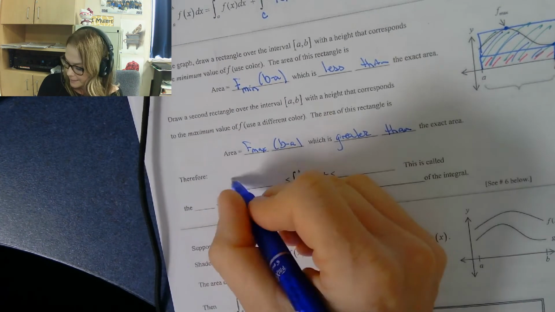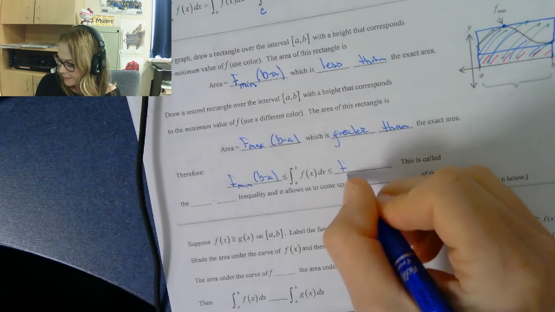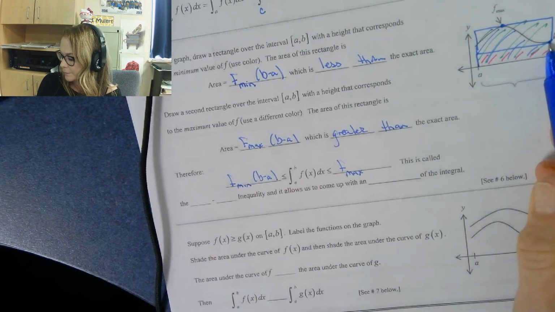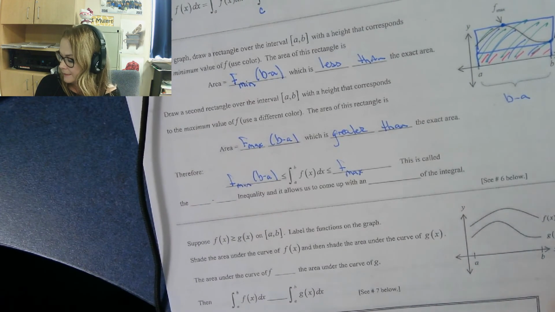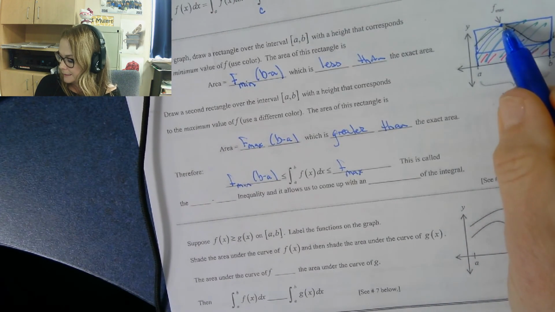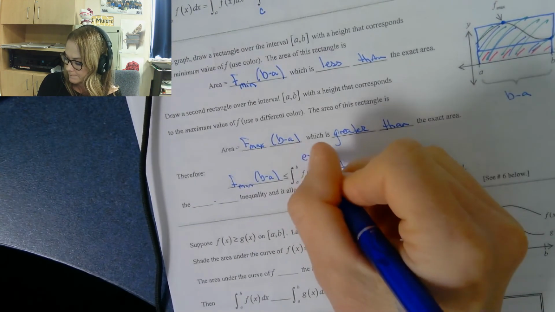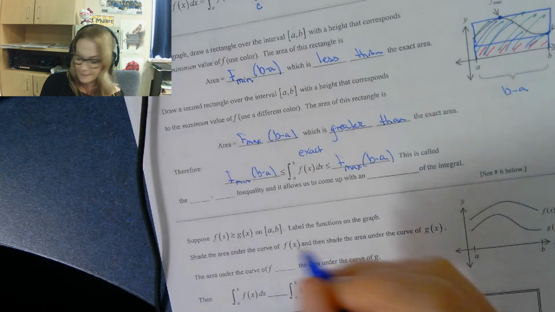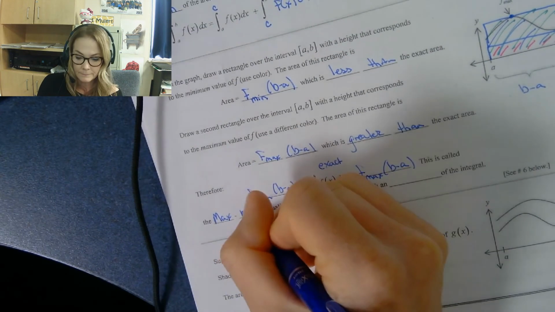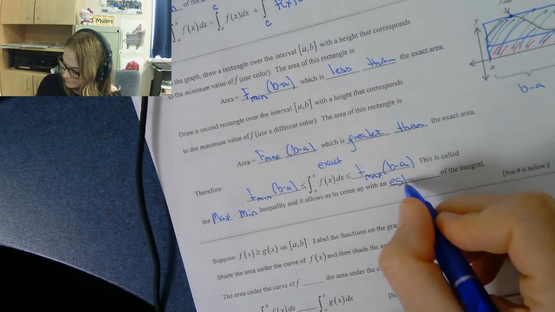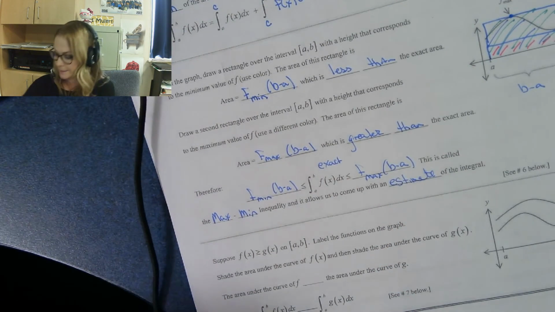So f min times (B minus A) is here, and f max, the highest point on the graph, times the interval length. The exact area is somewhere between those. So that's the max-min inequality. It's just a way to get an estimate. This isn't a huge deal.